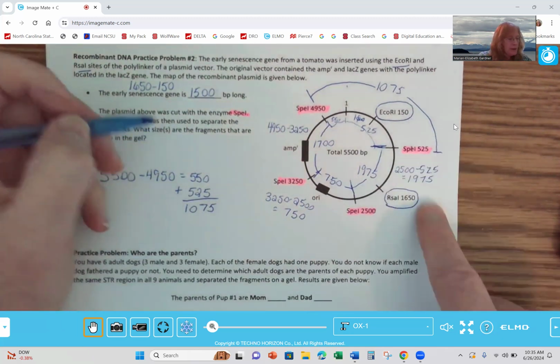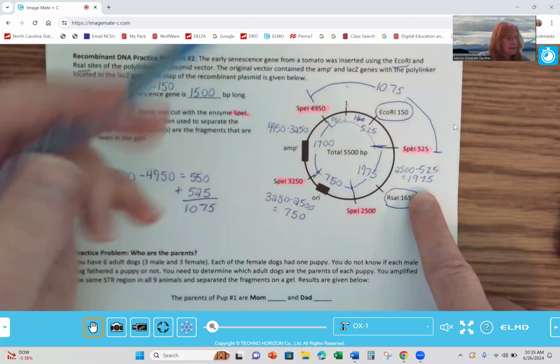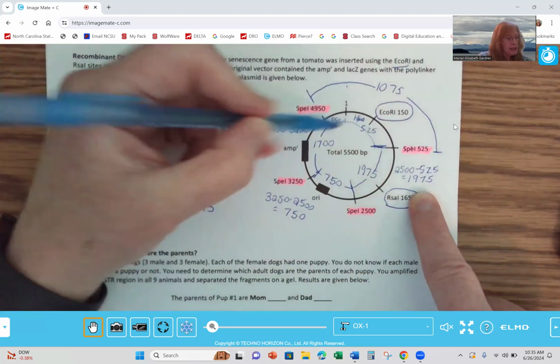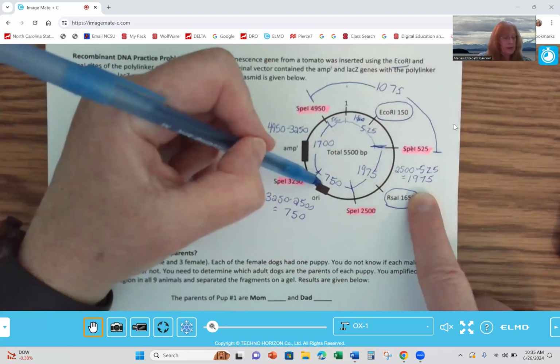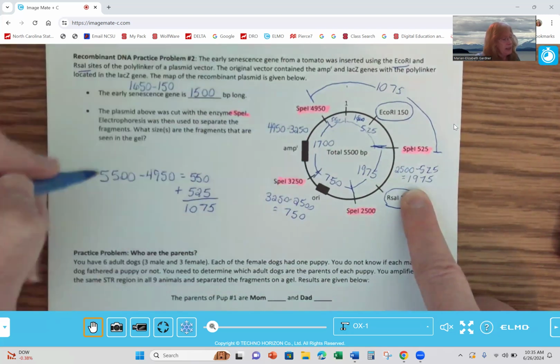So my biggest number that I had, let's see, I've got a 1975, 1700, 1075, and 750. So 1975 is the biggest.